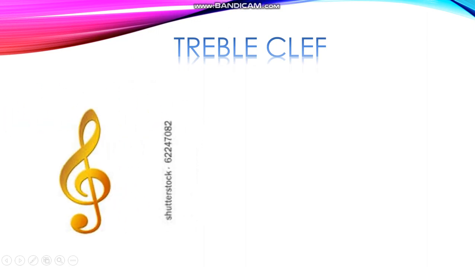Now, we're going to move on to clefs. First clef is the treble clef. That's how a treble clef looks. We call it a fancy S. It looks like a real upscale S. With the treble clef, the definition is higher pitch.